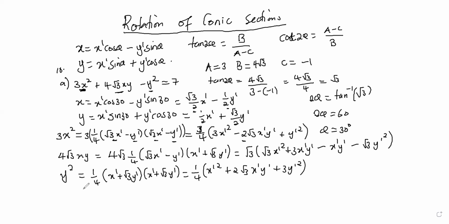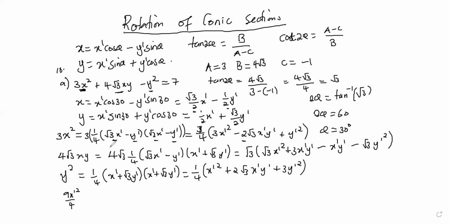So now what we are doing is we get this as we expand it. We'll have 3 by 3 inside, that will be 9 x prime squared over 4.